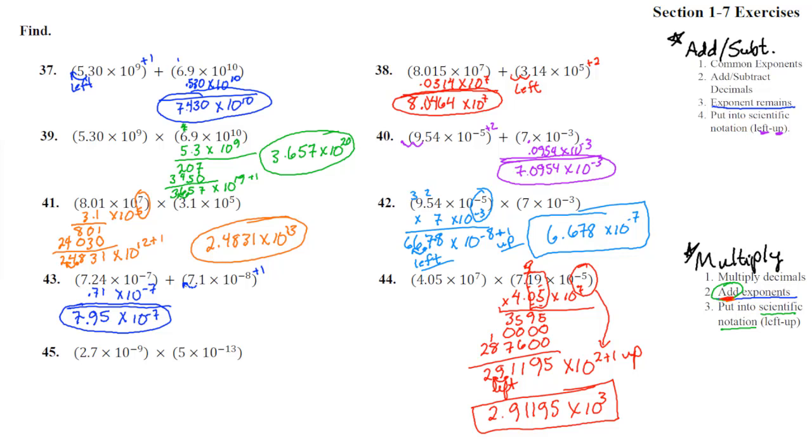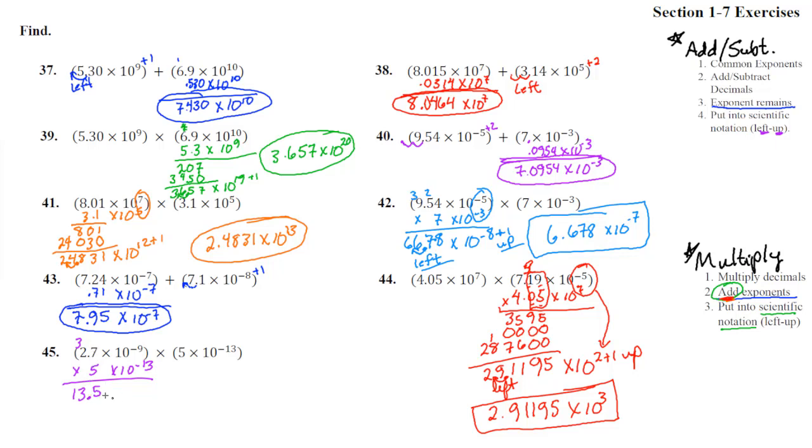All right, number 45. Multiplication again. Oh, good. We don't have to get them common. So we get times by 5 times 10 to the -13. Okay, so 5 times 7 is 35. Carry the 3. 5 times 2 is 10. Plus 3 is 13. One decimal place, or one digit behind the decimal.